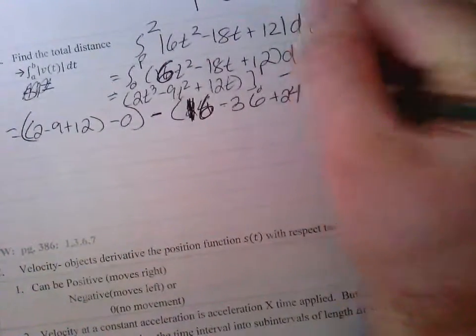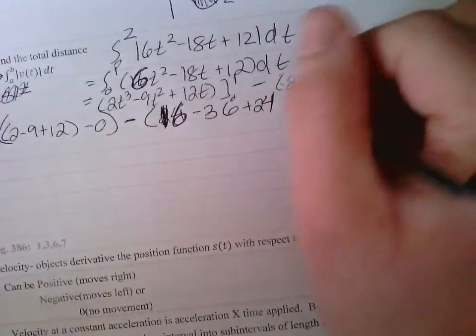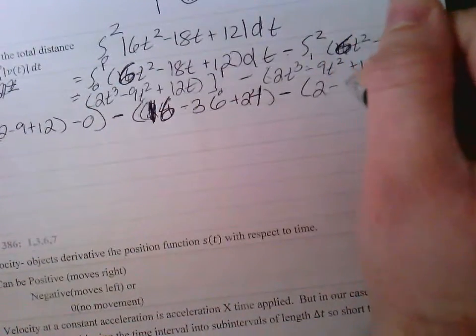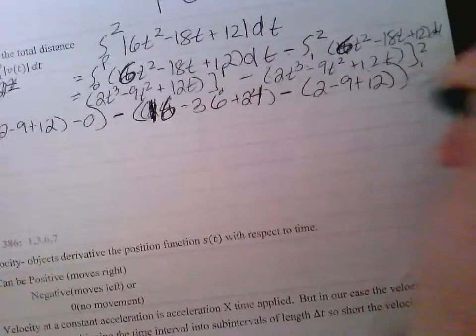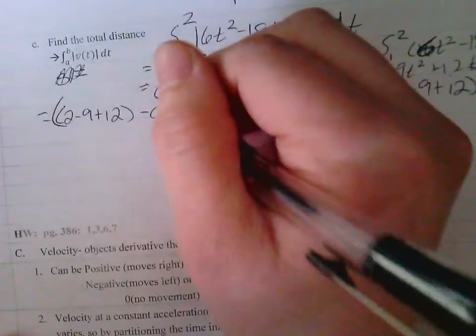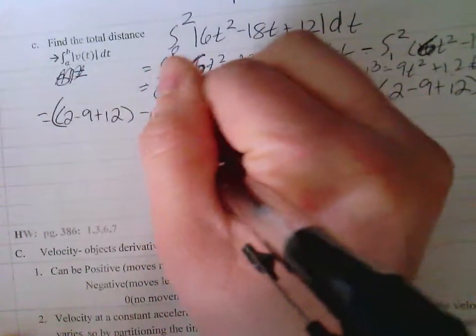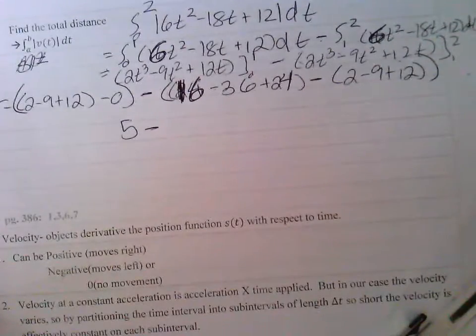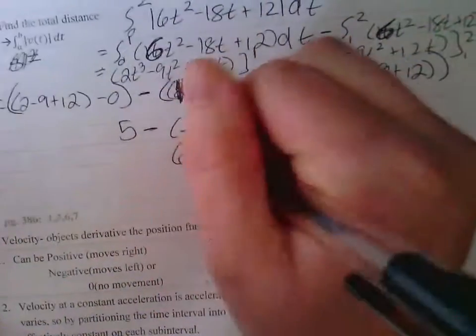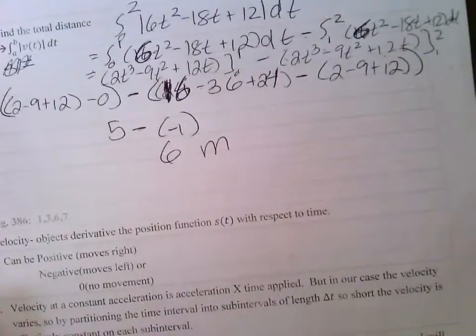Minus f of 1, which is 2 minus 9 plus 12. Okay, so 2 minus 9 plus 12 is 5. So 16 minus 36 plus 24 minus 5 is negative 1. So you get 6 meters is the total distance.